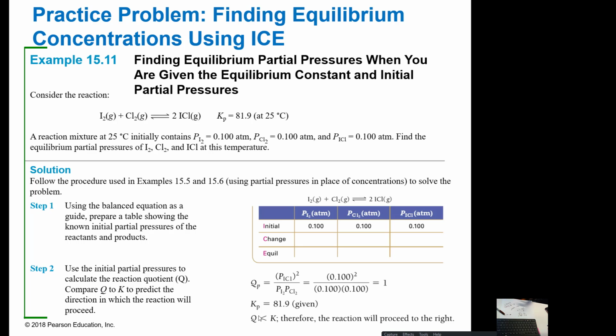So K is 81.9, Q is given, and this particular time Q is 1. So that means K is higher. K is higher means the reaction will proceed to the right side, right? I mean more products.